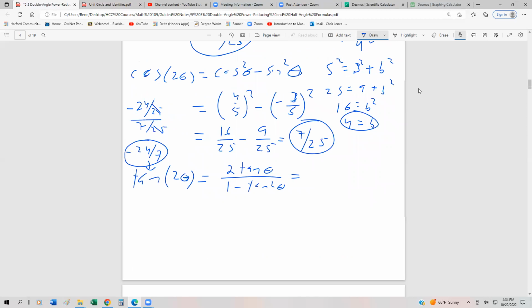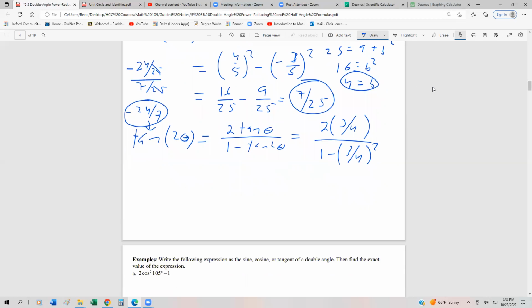So that's going to be 2 times 3/4 divided by 1 minus 3/4 squared. 2 times 3/4 is going to be 6/4. 1 minus 9/16, or 16/16 minus 9/16, or 7/16.